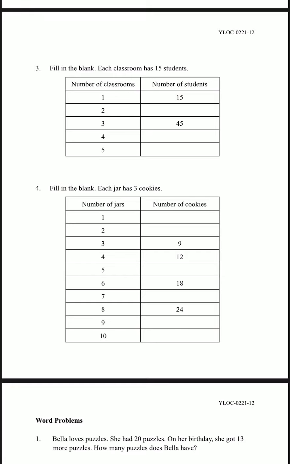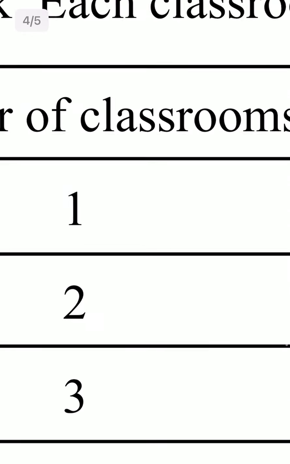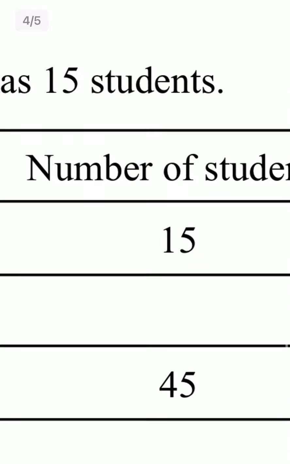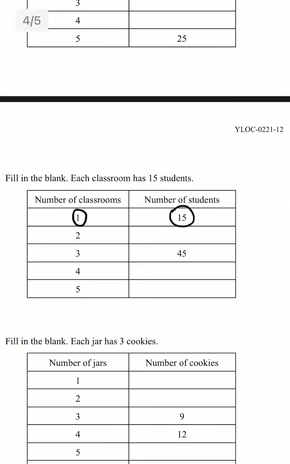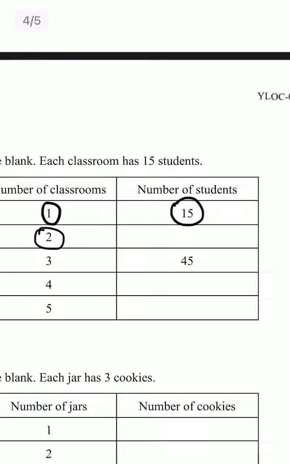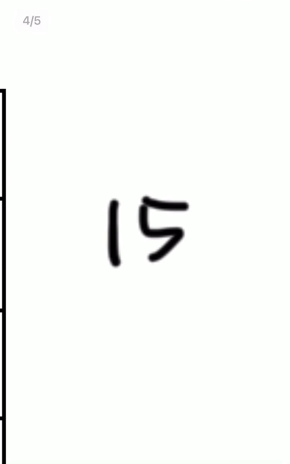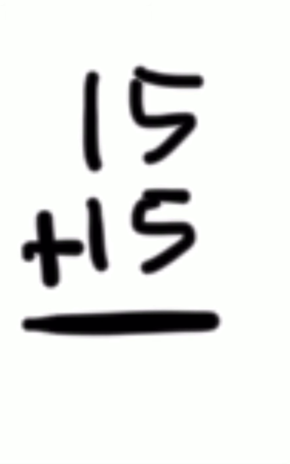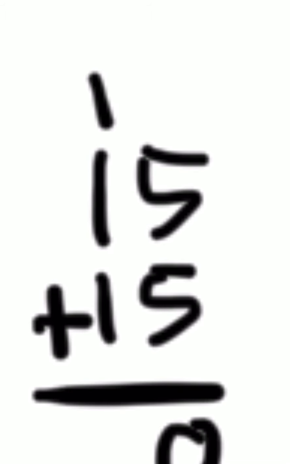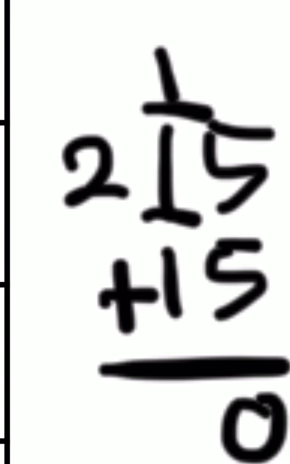Let's look at number 3. So 1 classroom is 15 students, which means that for 2, we need to add 15 more to 15 students. So 5 plus 5 is 10, and 1 plus 1 is 2, and 2 plus 1 is 3.